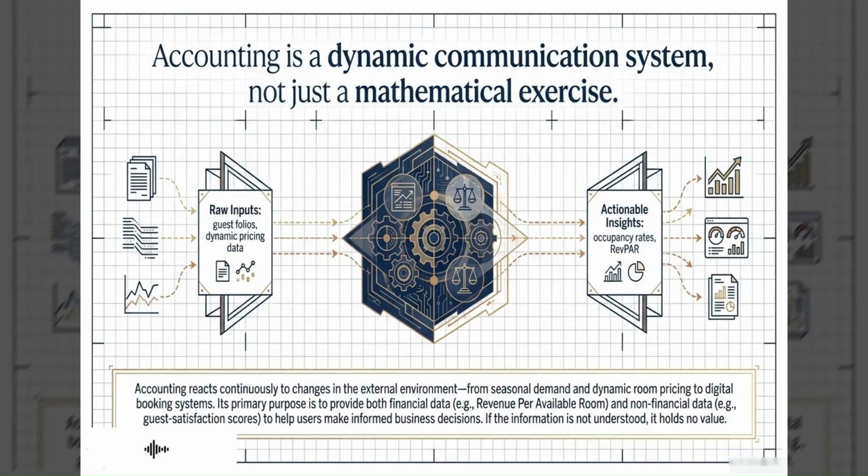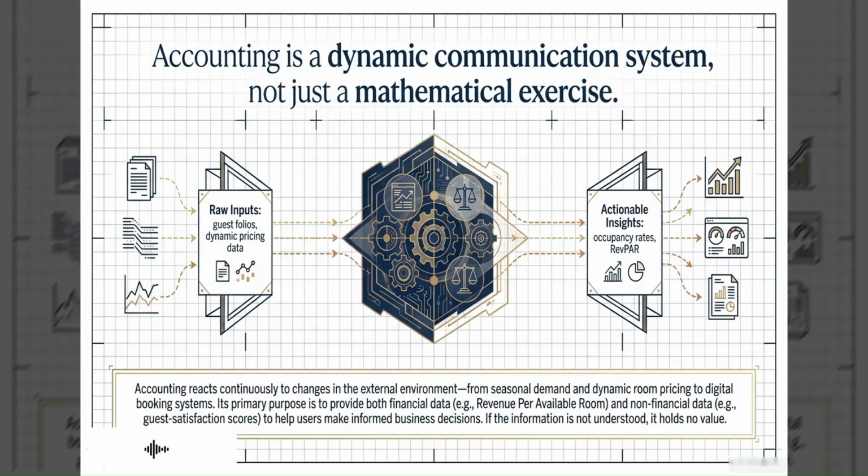Financial and non financial information. This is the point students most often miss in assessment. Accounting is not restricted to rand and cents. Occupancy percentage, average length of stay, staff turnover, servers served per shift, energy consumed per room night, guest satisfaction scores.